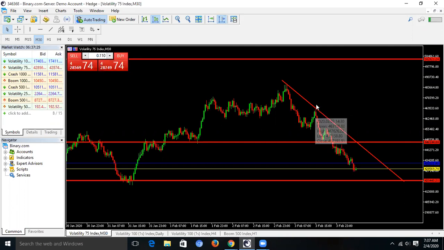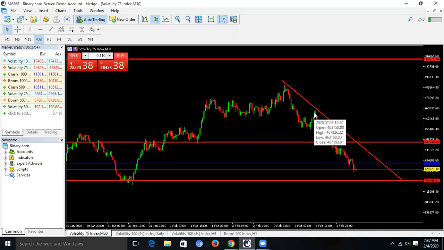Once you spot something like this, you should know that a downtrend has formed. Once you see something like this, this is the first touch, then this is the second touch. Once you see the market make a movement like this, you know that the downtrend has formed.